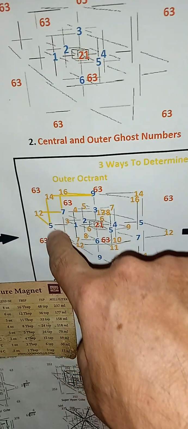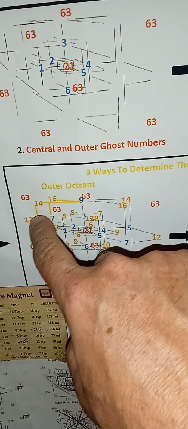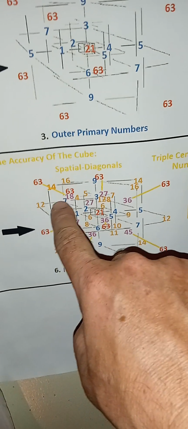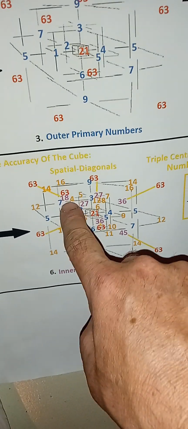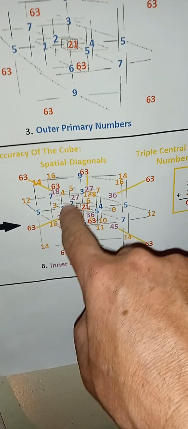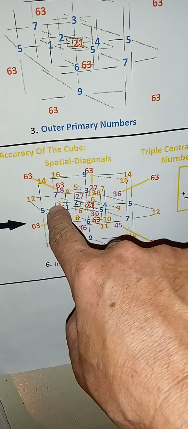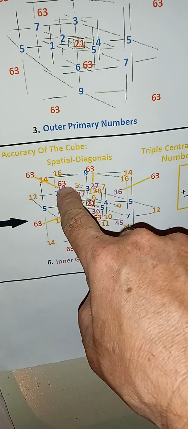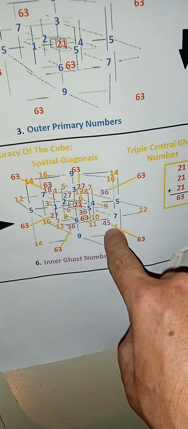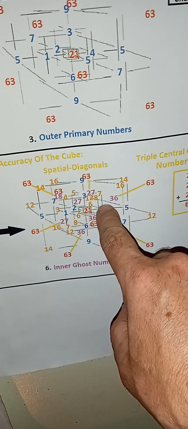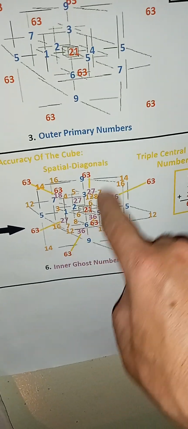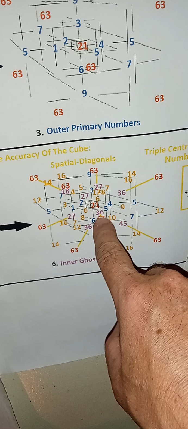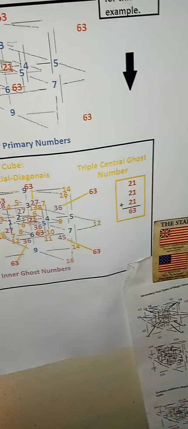You can just do the cubic numbers on the outside to give you 63, or you can go diagonally into the resulting inner ghost numbers in purple that are the cubic form of the inner octant. 18 up here, 45 down here is 63, 27, 36 is 63, 36 and 27 is 63, and 27, 36 is 63.